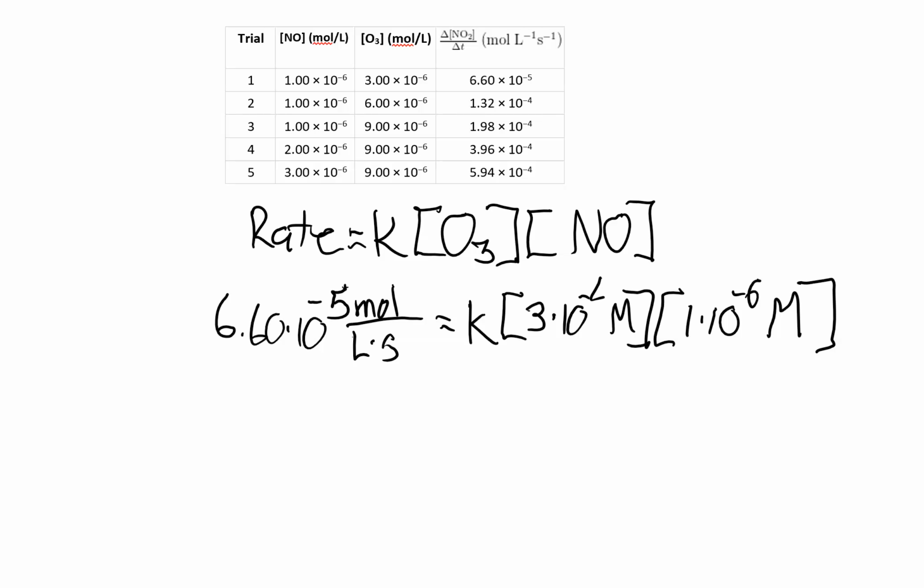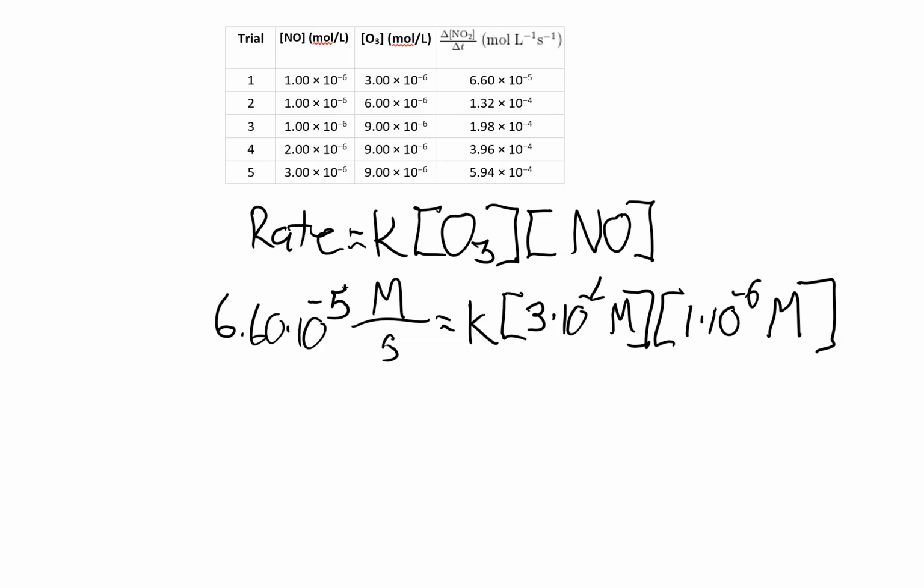And now we can solve for K. Now I'm going to do a quick correction here. Moles per liter times second is really the same thing as molarity per second. And that'll just help us get the units right on this.